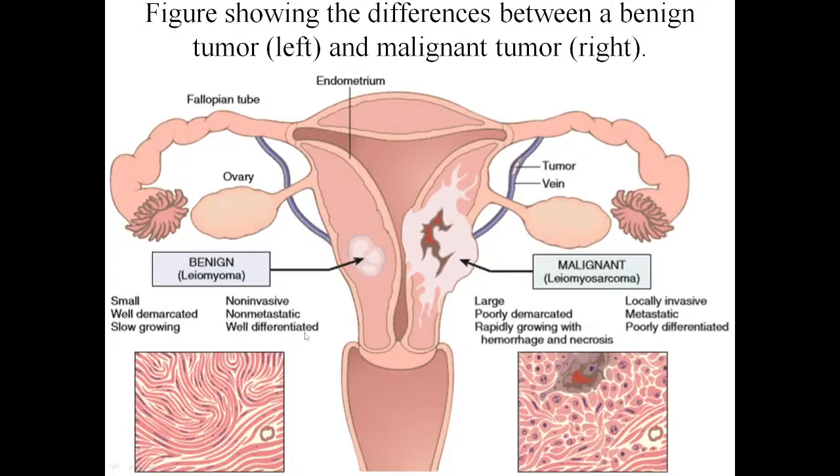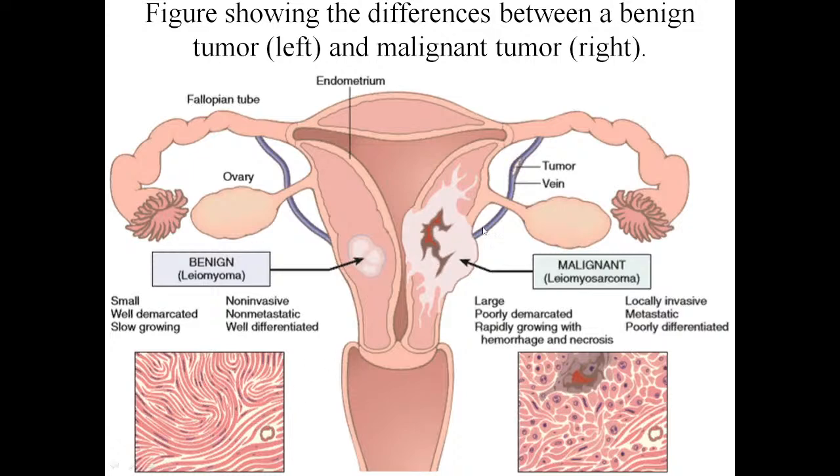Well differentiated cells you can see in these pictures. The tumor is called a leiomyoma, and on the histology pictures you can see the well differentiated cells. All cells here are the same.